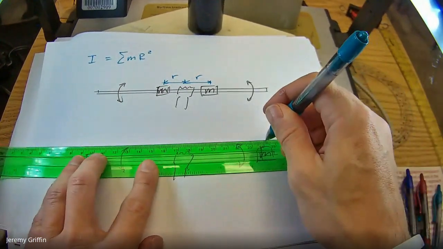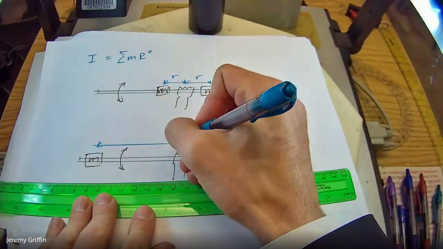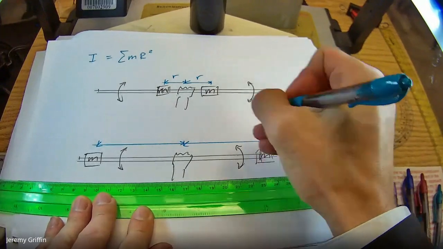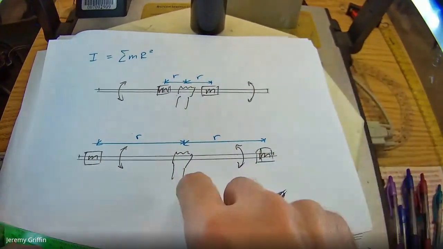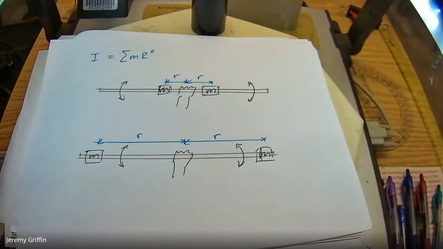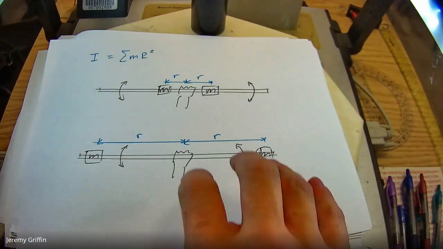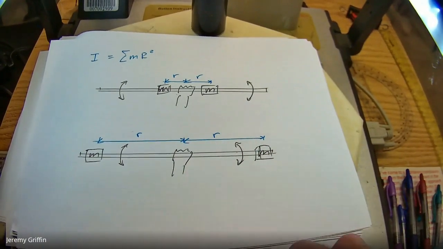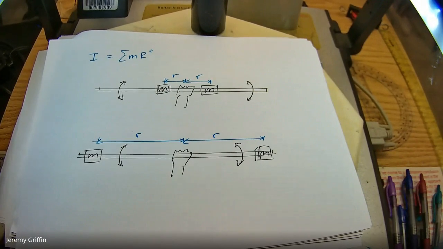Versus this bottom picture, we've got a big ol' r, right? This mr squared plus mr squared. Whew, that's a big difference, right? This bottom one has a lot of rotational inertia. Really hard to shake it back and forth, or change the state of motion. Okay.